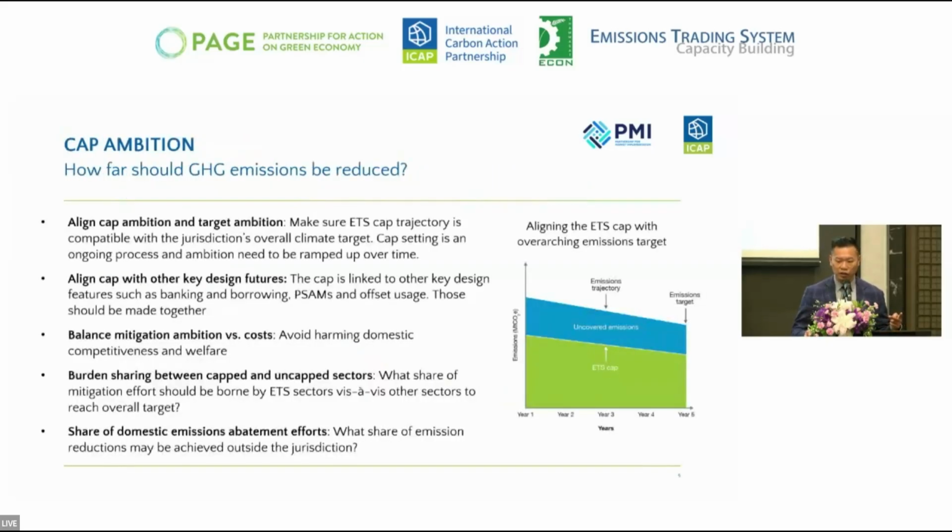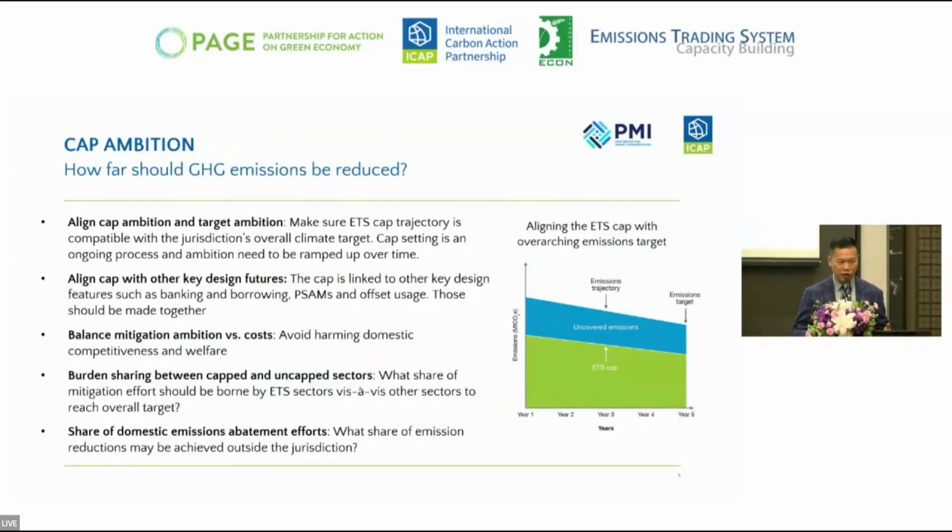And then, how far can GHG emission be reduced? That shows the ambition of the cap. And here are several points we can discuss. First of all, we need to align the cap ambition and the target emission, or the NDC.